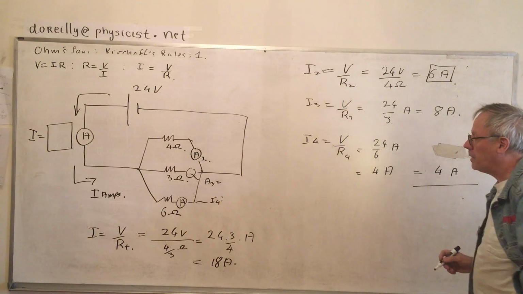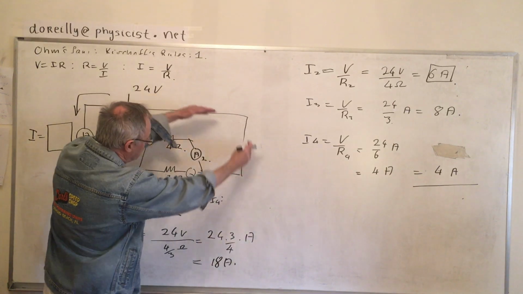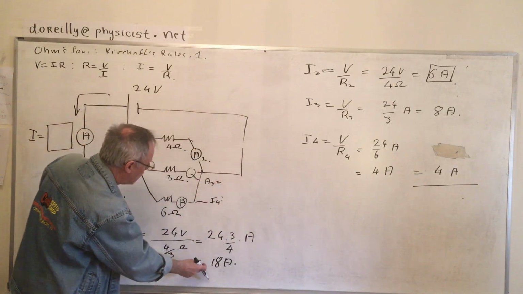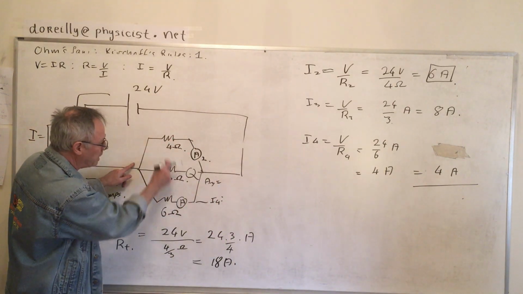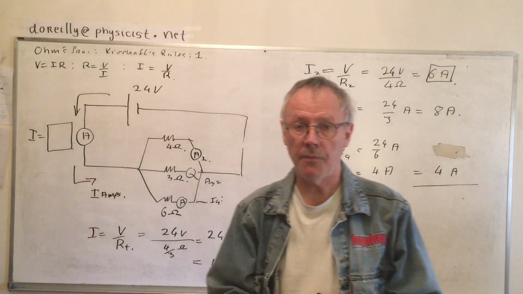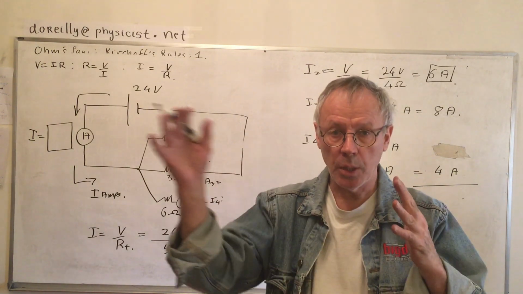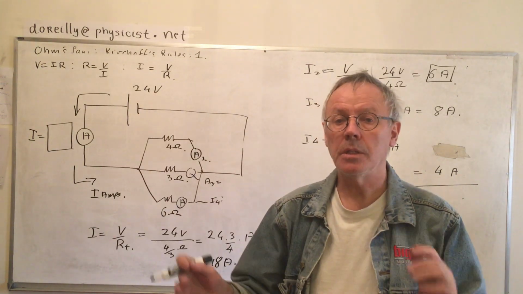Now we have to notice something. All the current here is 18 amps, and it splits up into 3 different doors. No current disappears. Current is conserved. That will lead up to one of Kirchhoff's rules coming up. The current that goes in must be the current that comes out.